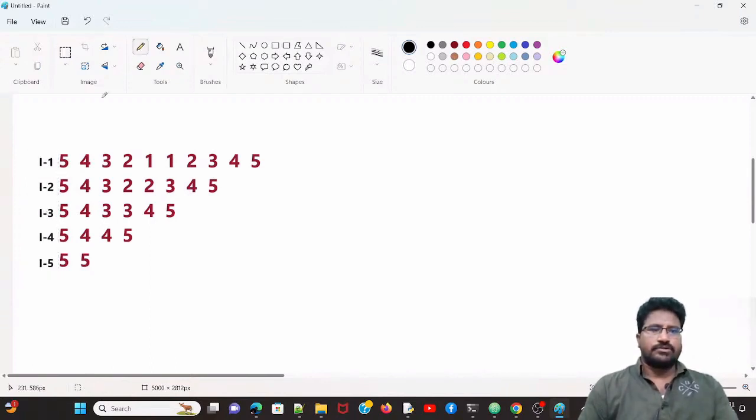So again, this is about the i1, this is i2, this is i3, and this one is i4. At last, here is i5, right?